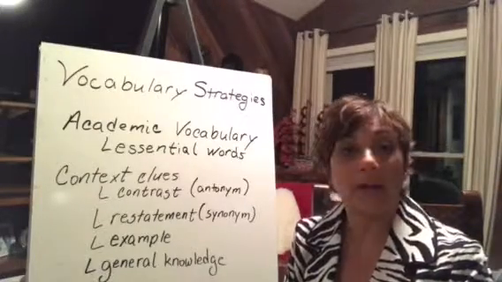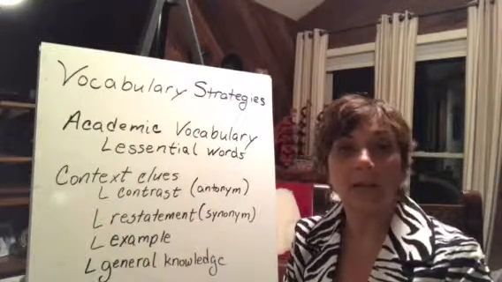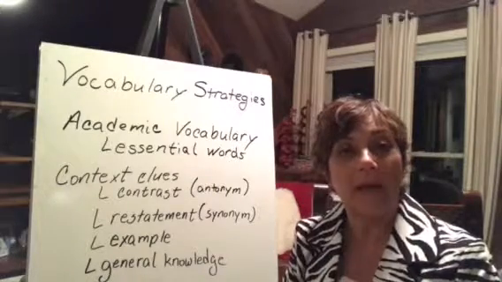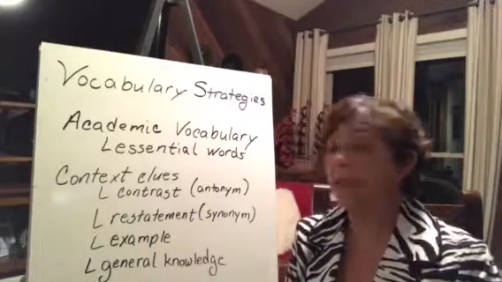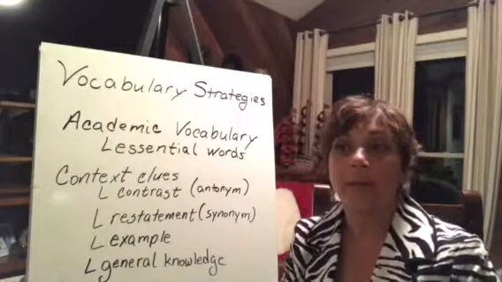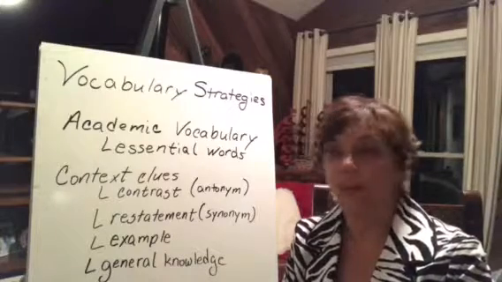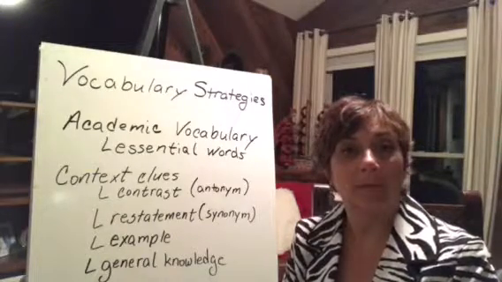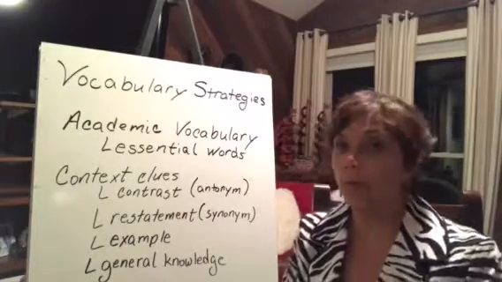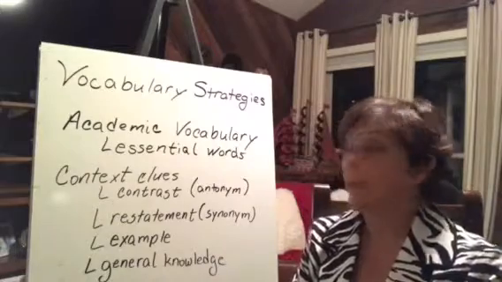The good thing about academic vocabulary is most textbooks within a field have a glossary at the back of them that lists academic vocabulary that is found in the book. So a typical law book, history book, science book would have a glossary at the back with important terms that the reader would need to know.